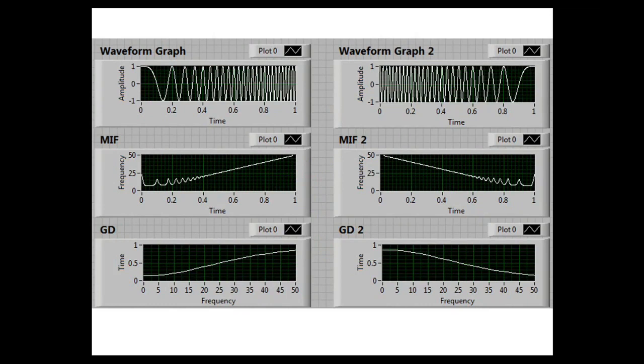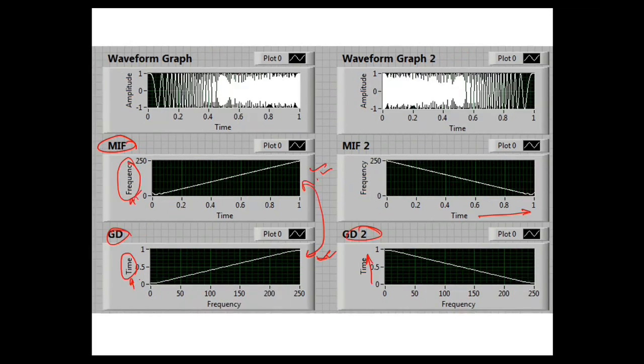Next, in the next slide, we have taken another sharp signal and another inverse sharp signal, and in this case, the mean instantaneous frequency and the group delay are not representing the same information. Now, what has changed? The change over here is the time bandwidth product.